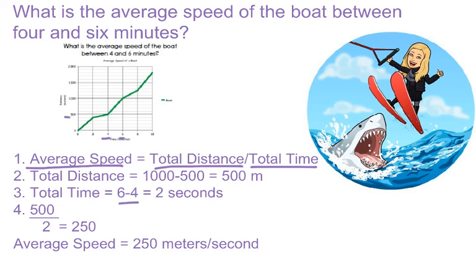And we have a distance of 500 meters and 1,000 meters, which gives us 500 meters divided by 2 seconds, or 250 meters per second. Let me make that a little bit nicer. There we go. So 250 meters per second.